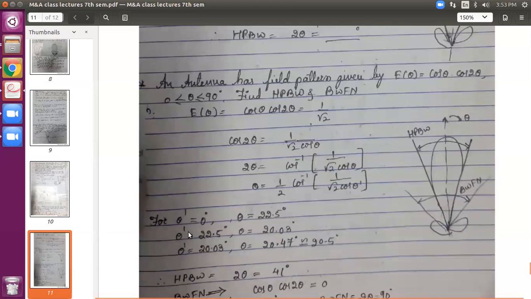And this is an iterative method, that is trial and error, that we use. We start with some value. We assume initially theta dash as, say, 0 degrees. Substitute theta dash as 0 degrees and calculate what you will get for theta. Use the calculator and see whether I have got the correct answer or not.